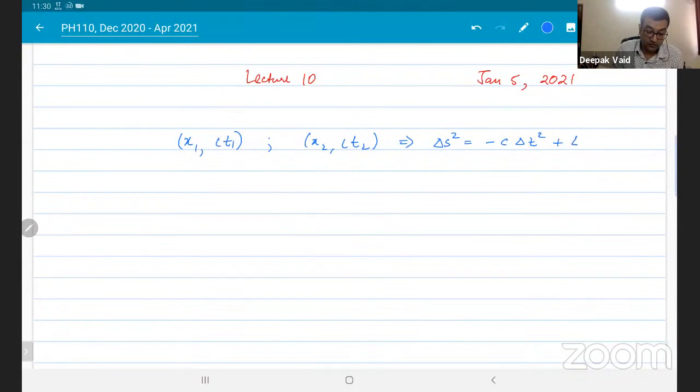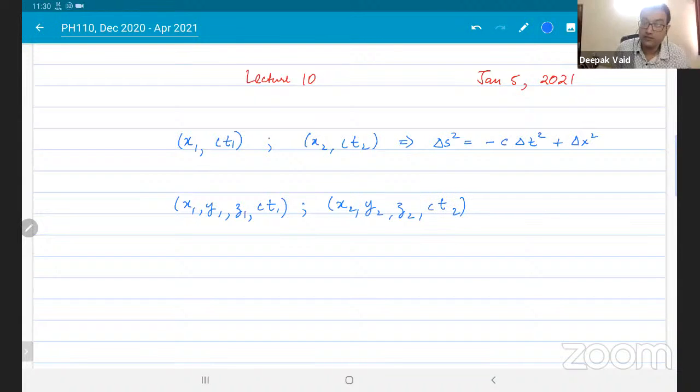Now, if you just look at the spatial interval, right? So remember that our space-time is four-dimensional, right? So we should actually be using four coordinates: x, y, z, and t. Right?